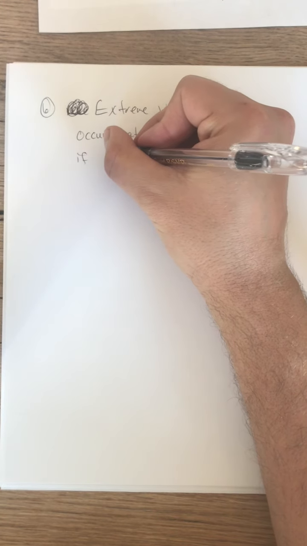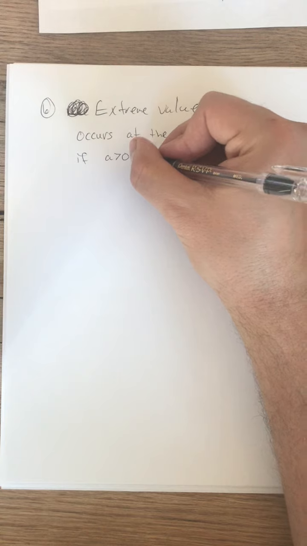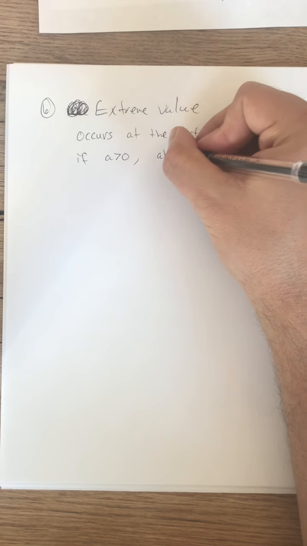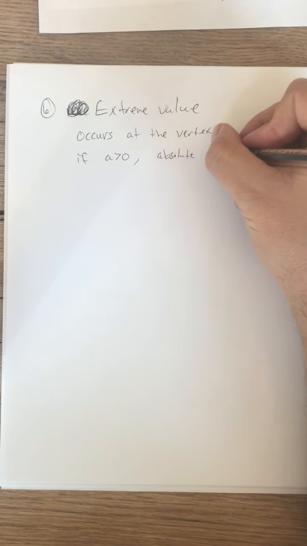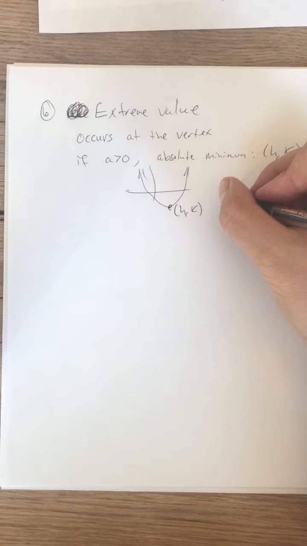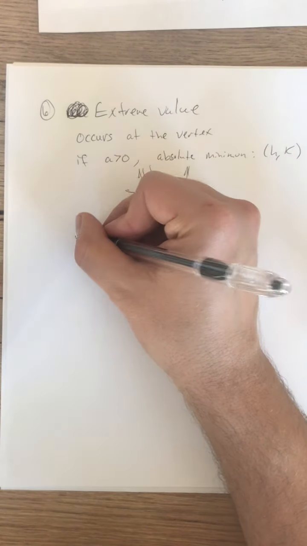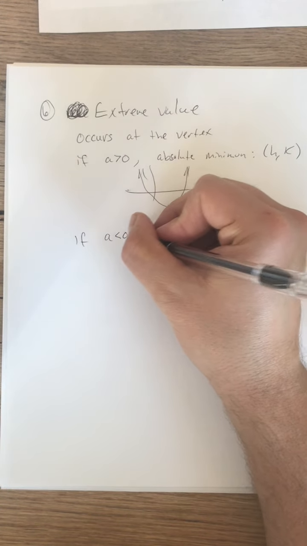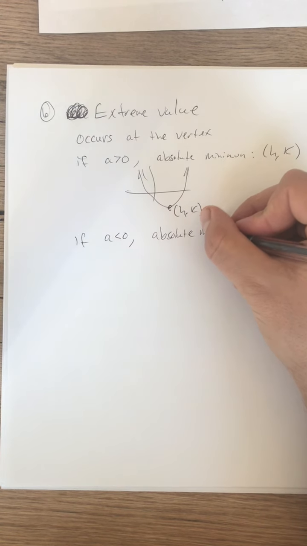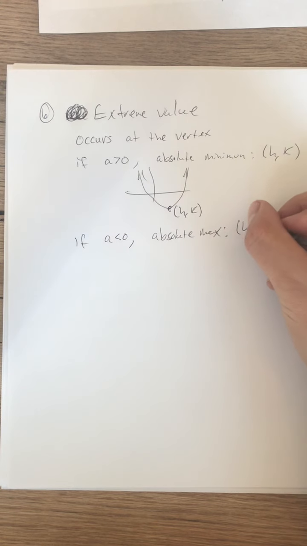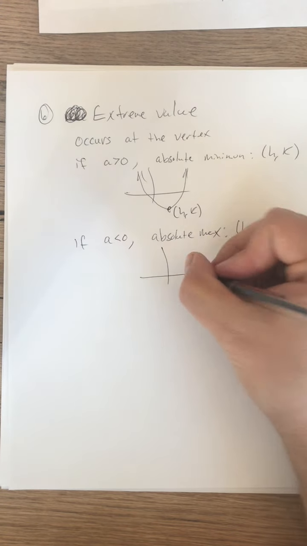If the parabola points up, so if a is greater than 0, there is an absolute minimum at h comma k, at the vertex. So we'd be looking at something like this. H comma k is the minimum, and if a is less than 0, we would have an absolute maximum at h comma k.